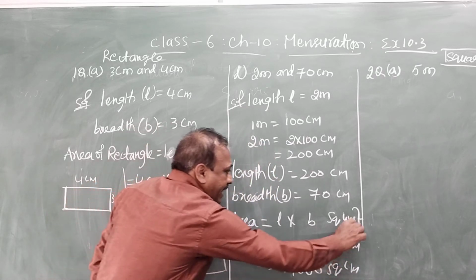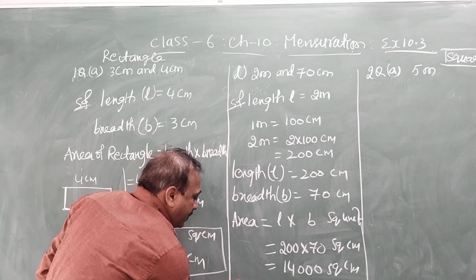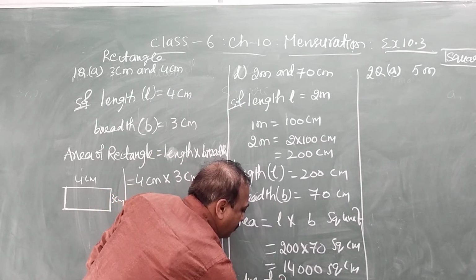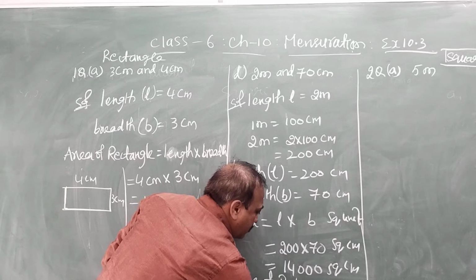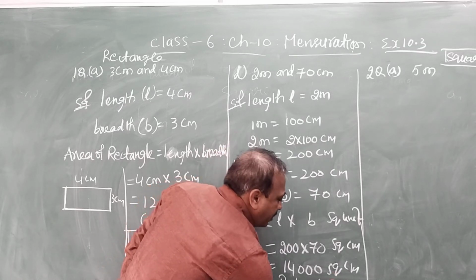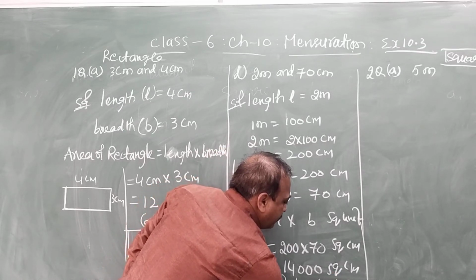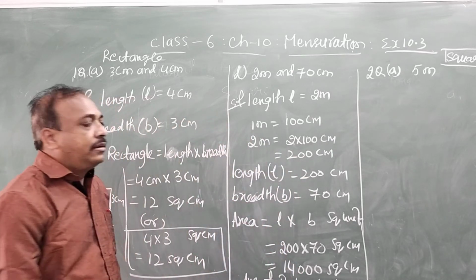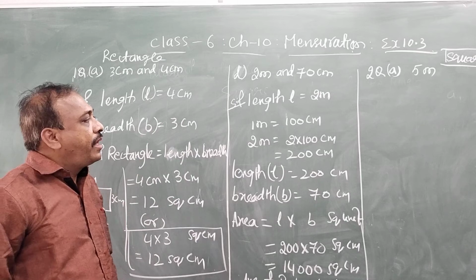Therefore, area of the rectangle is equal to 14,000 square centimeters. I hope you understood.